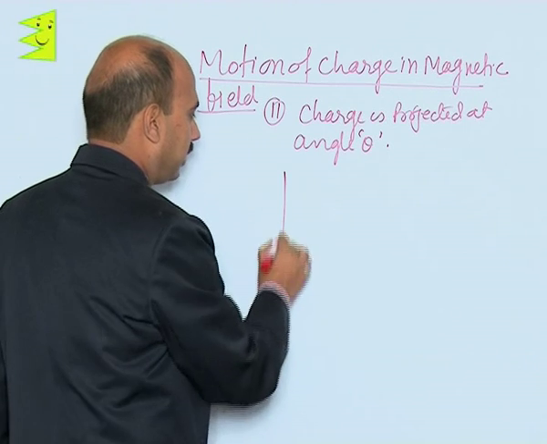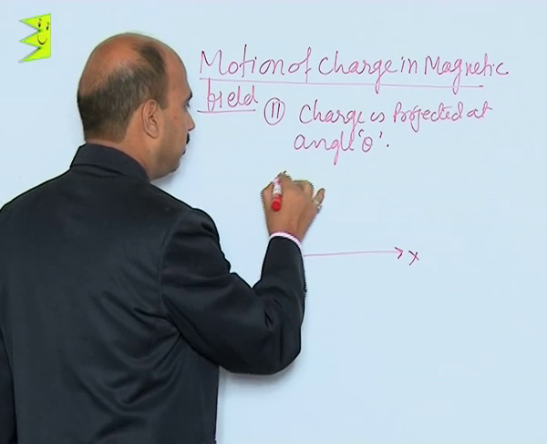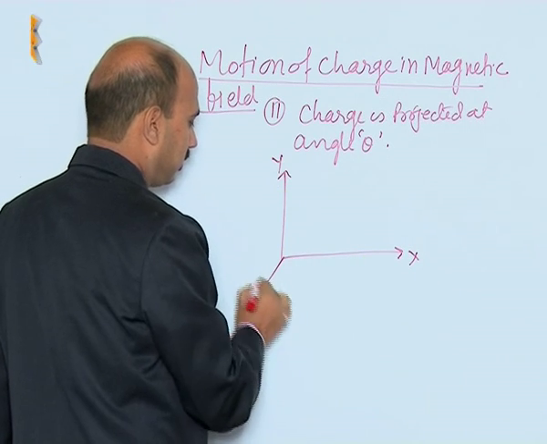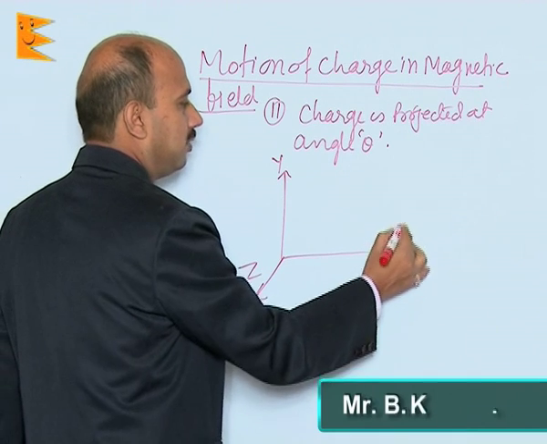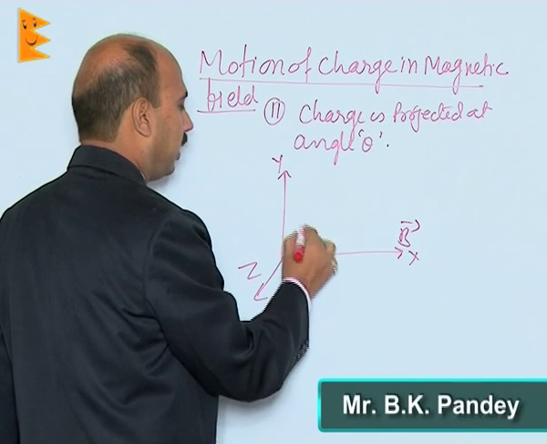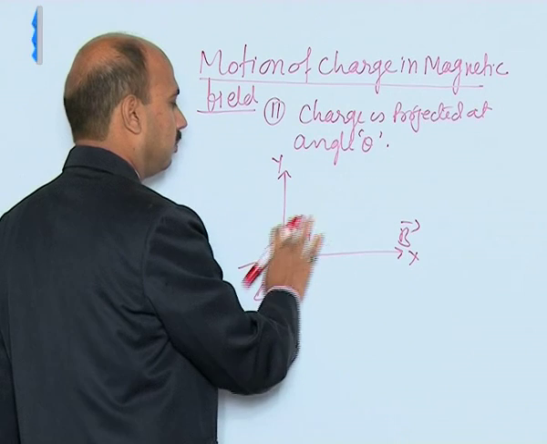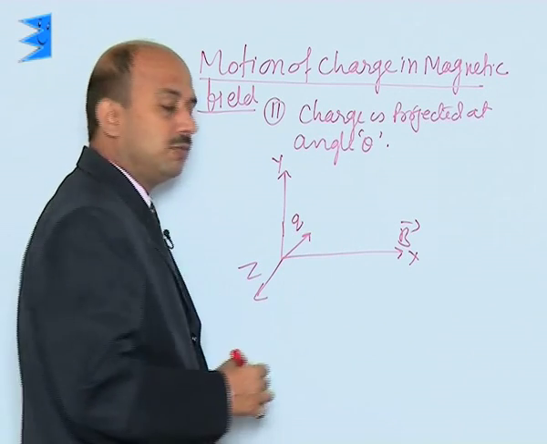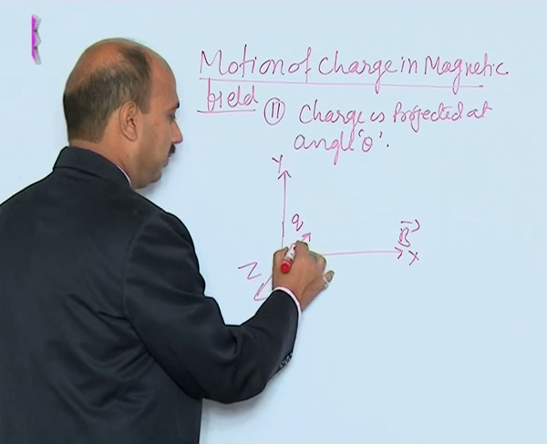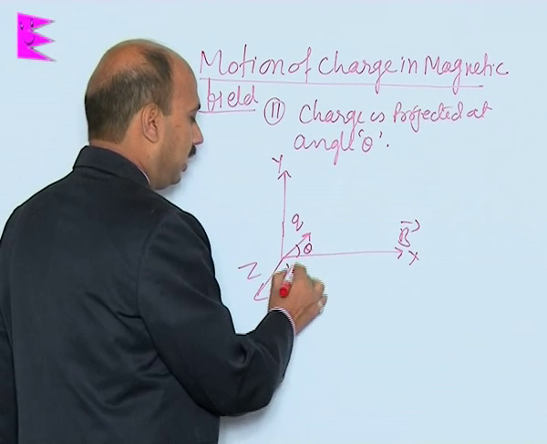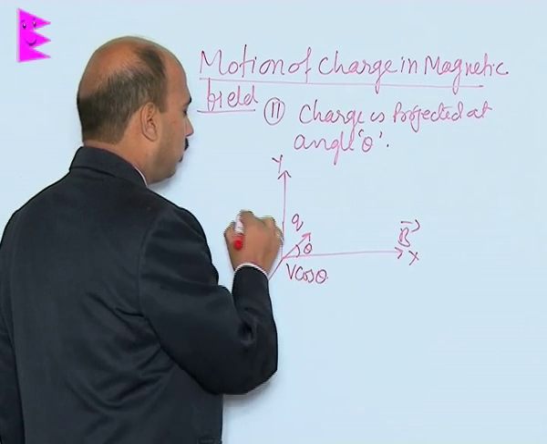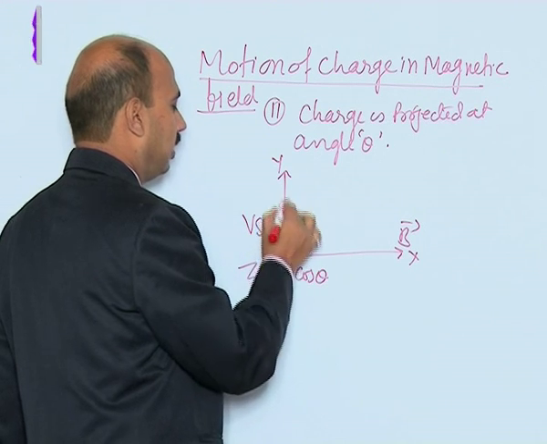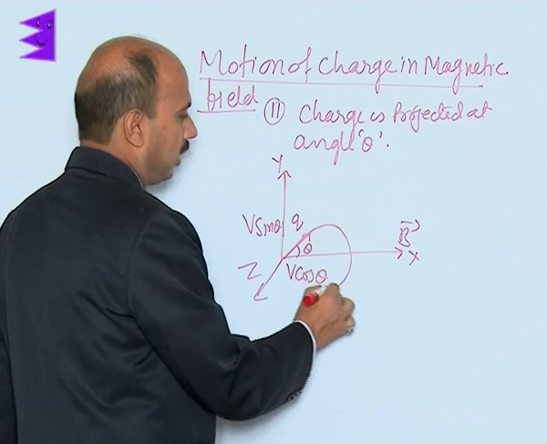Suppose you have taken axes like these: this is x axis, this is y, and this is z. Magnetic field is acting to this side, and charged particle q is projected here with velocity v at angle theta. It has two components, v cos theta and v sin theta.